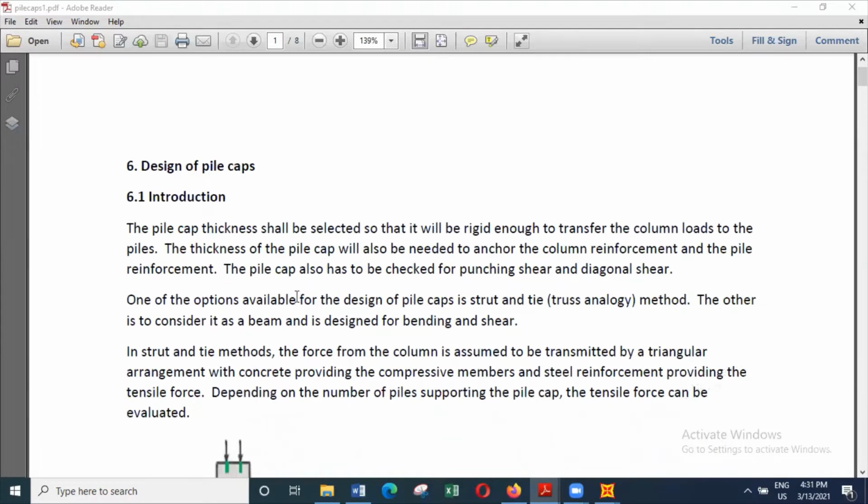So one of the options available is to design the pile cap as a strut and tie model, or we call it the truss analogy as well. On the other hand, you can design the pile caps by considering that it behaves as a beam. So that's also possible.